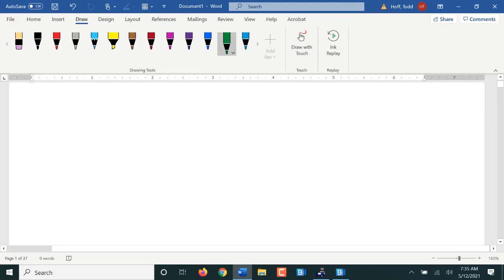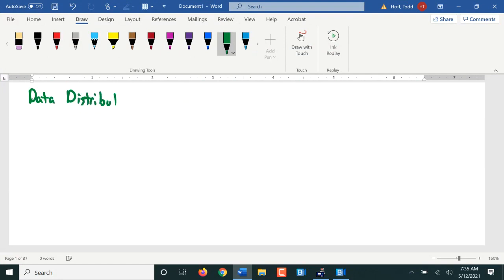So we have a set of data. We end up with what's called a data distribution. Let's say that our data, our variable here, is going to be the length of a part.